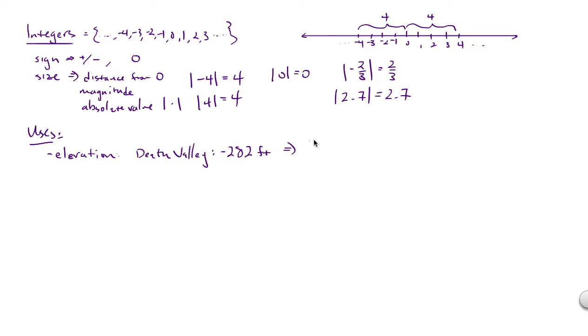It represents that it's 282 feet below sea level. The 0 in this case is sea level itself. If it was above sea level, it'd be positive. So this negative encodes whether we're above or below a certain elevation, that elevation being sea level.